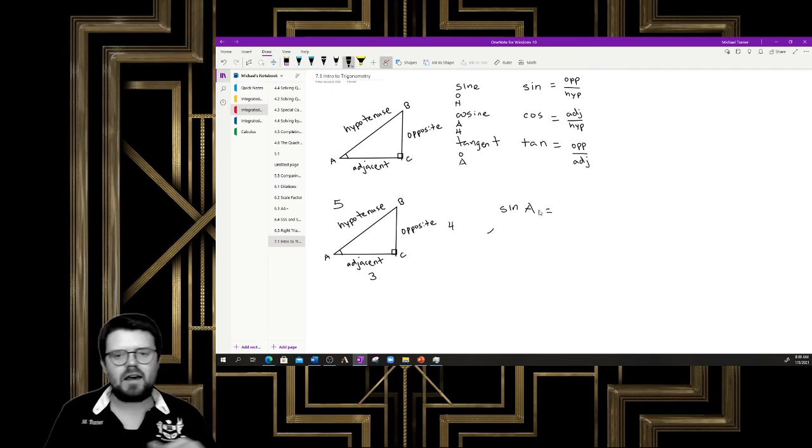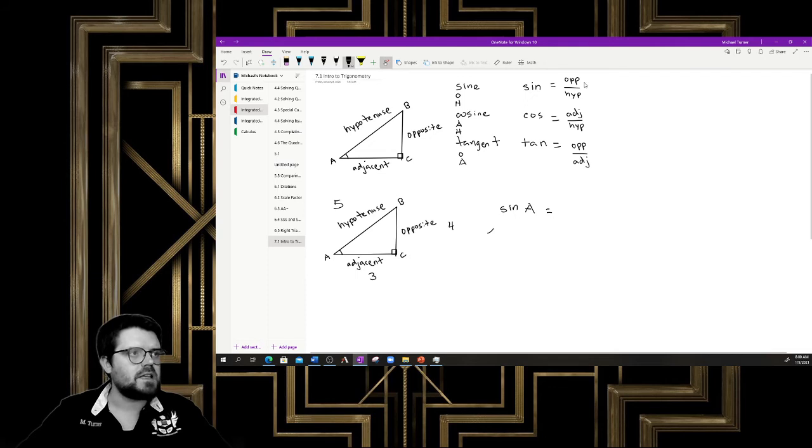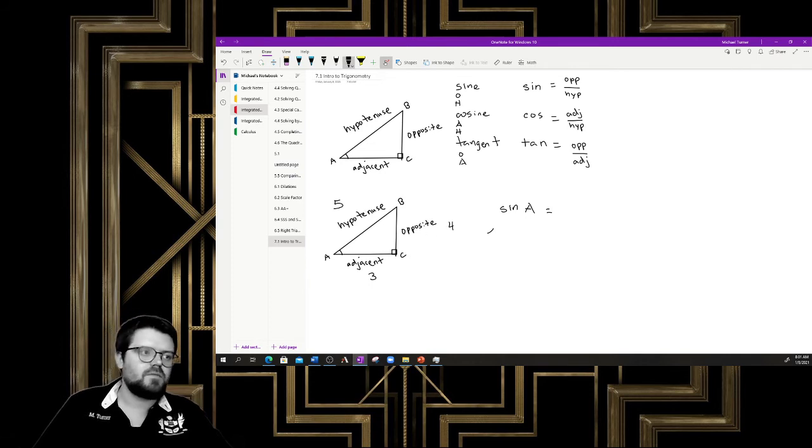And so to write the sine of that angle, you are looking at the measurement and you're going to write the ratio. Looking up here, sine is opposite over hypotenuse. So for angle A, the opposite side is 4. The hypotenuse is 5. So your answer is simply 4 over 5. You're just writing the ratio.